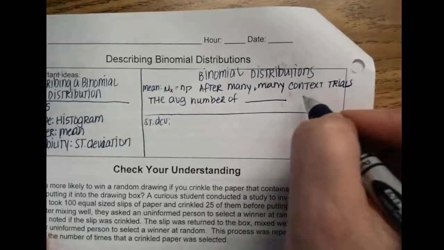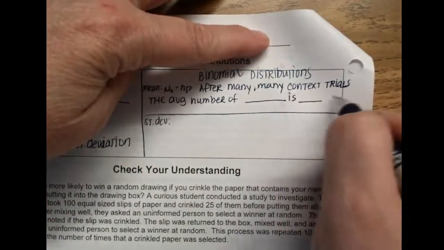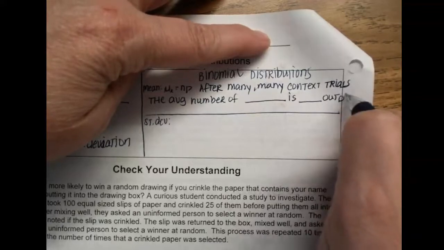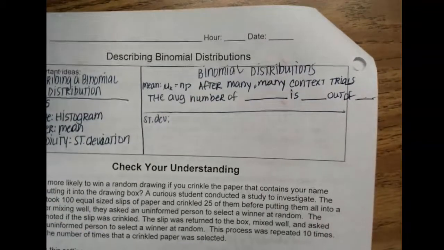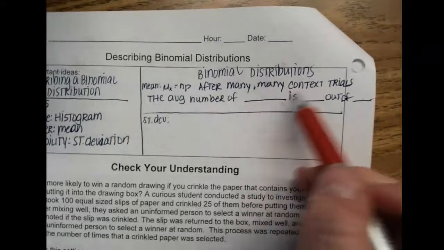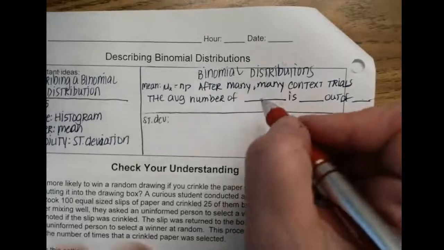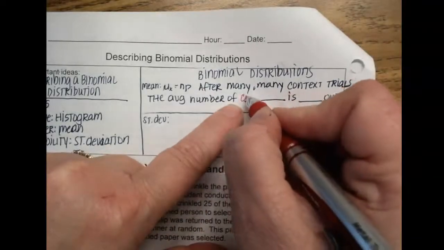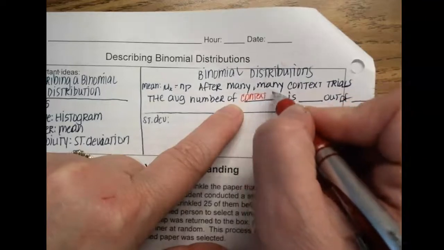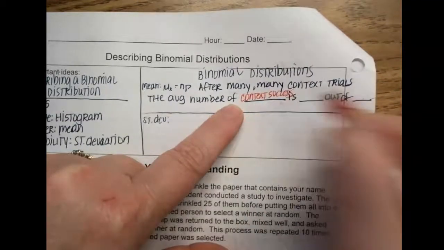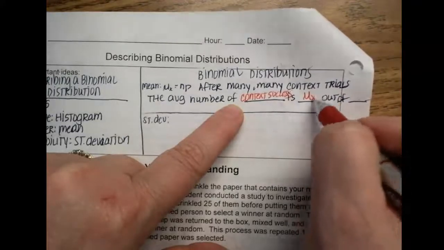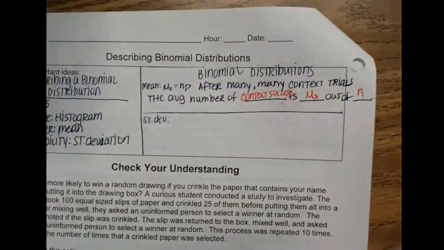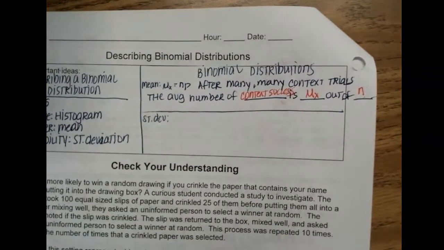So after many, whatever the context is, trials, the average number of context successes is the mean out of the total number of trials. So after many trials, and make sure you put what it is about, the average number of context successes is the mean out of the total number of trials.